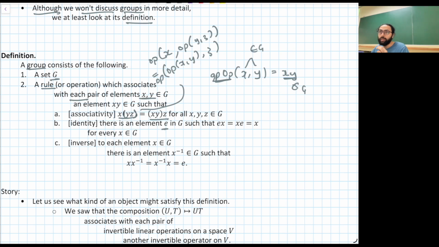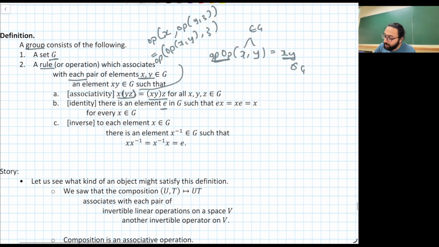Right? So that's what it means, because the notation looks deceptively similar, but keep that in mind. Identity is saying that you apply the operation with X and this object, either on the right or the left, you're going to get X for all X, right?